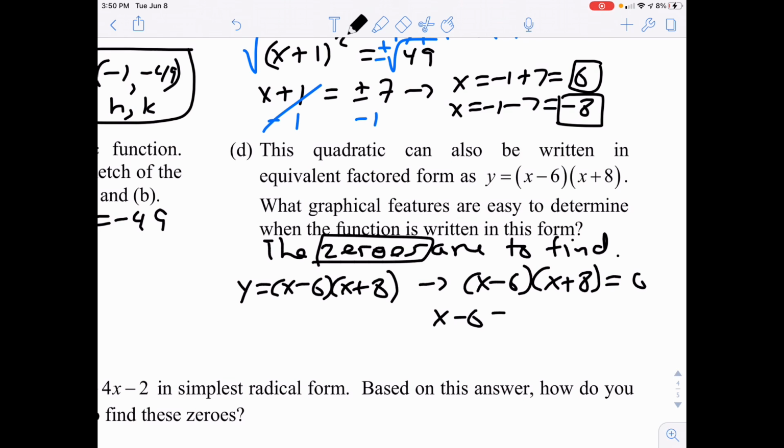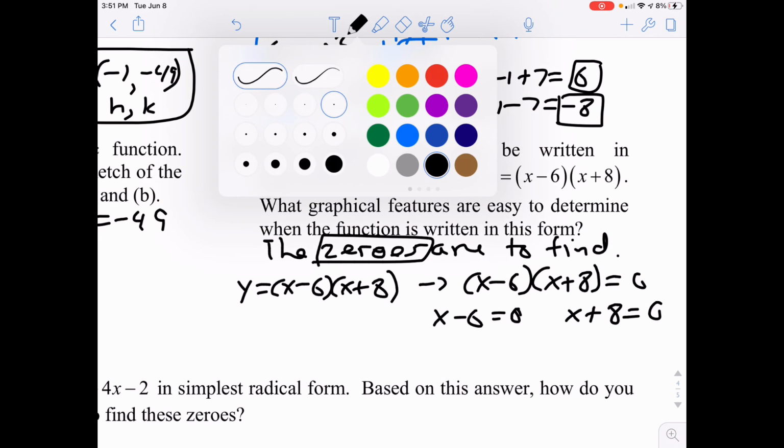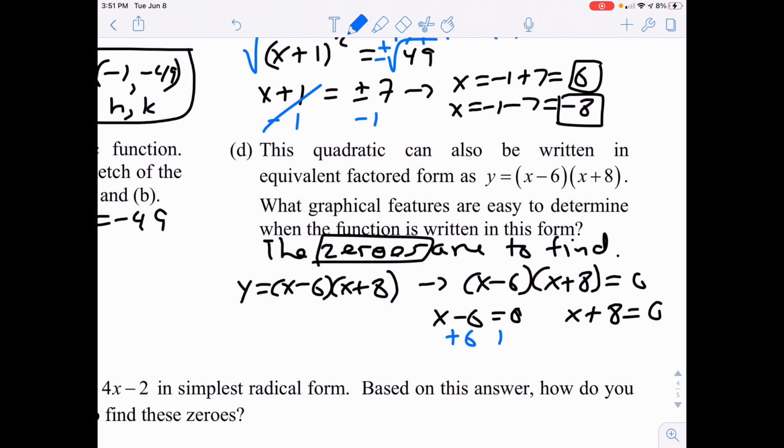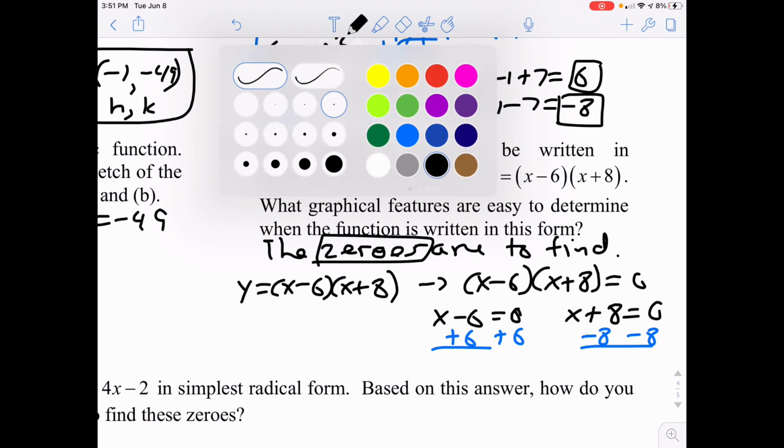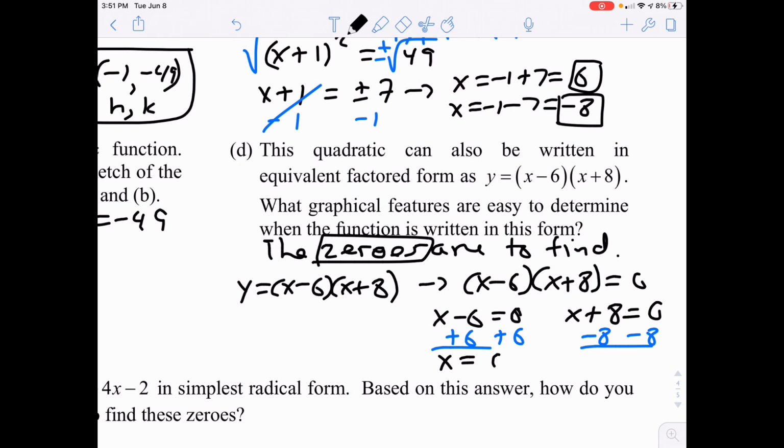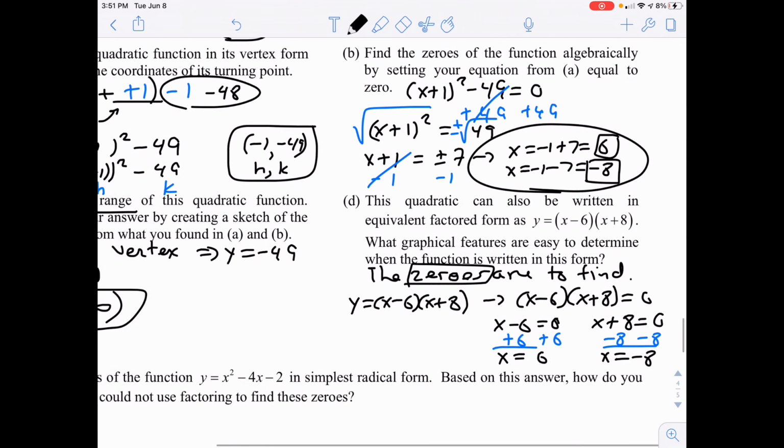Well, x minus 6 equals 0, and x plus 8 equals 0. And if we were to add 6 both sides, subtract 8 both sides, we would get 6 and negative 8, which you found to be the zeros that we did in part B.